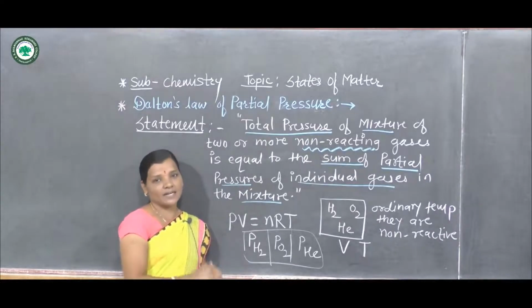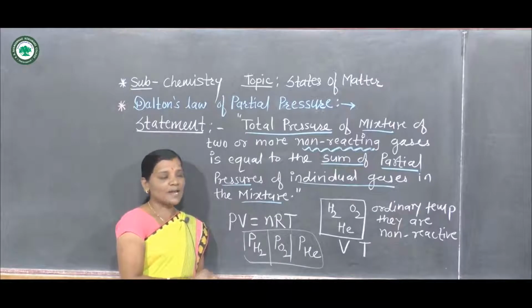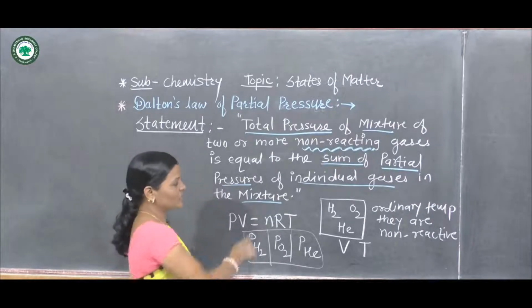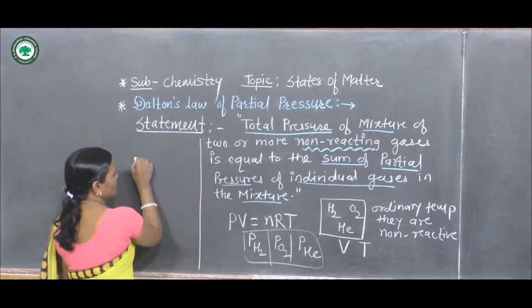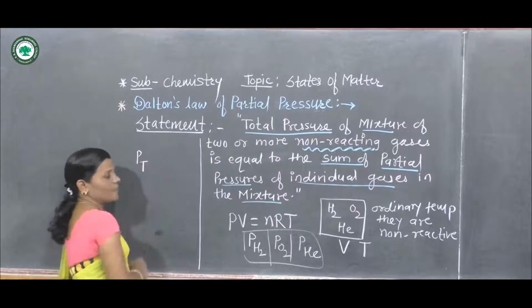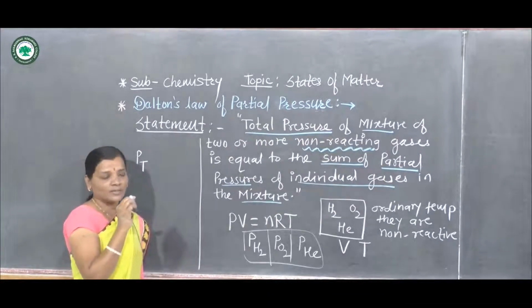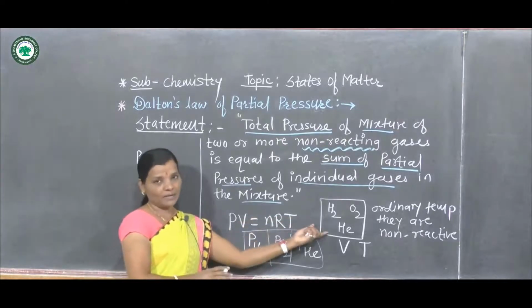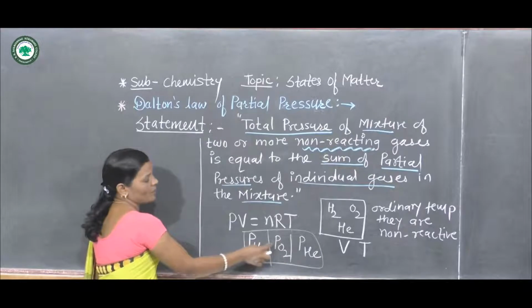According to Dalton's law, the mathematical expression is: the total pressure PT of all the gases of the mixture is equal to the sum of pressures of individual gases.